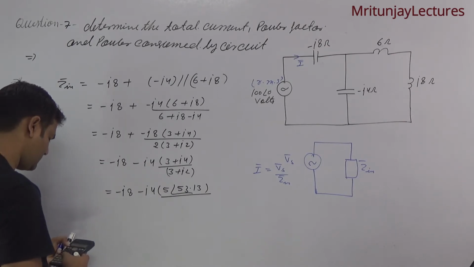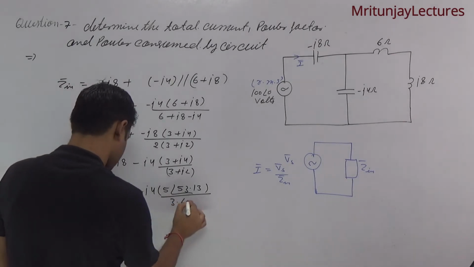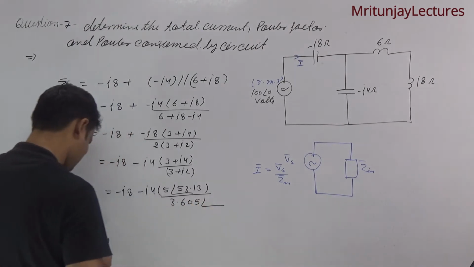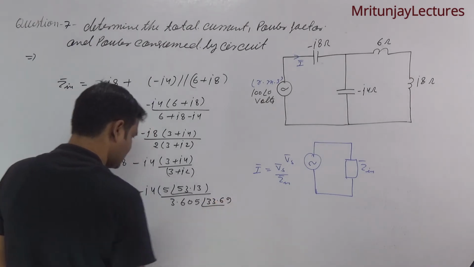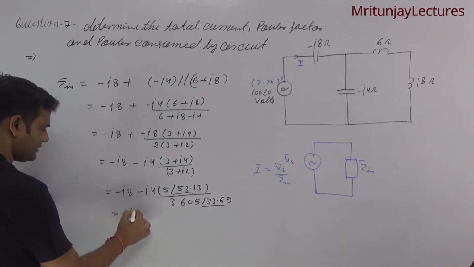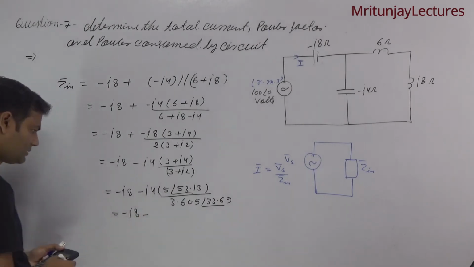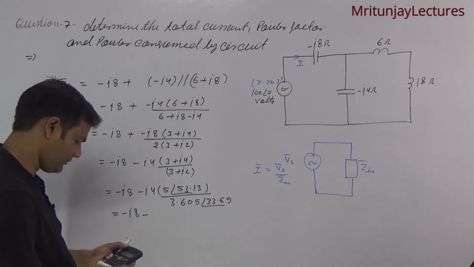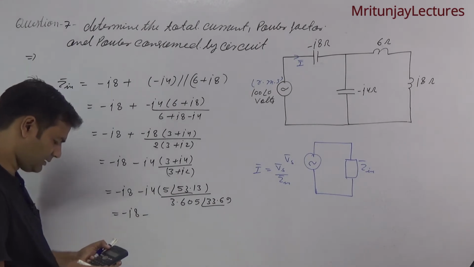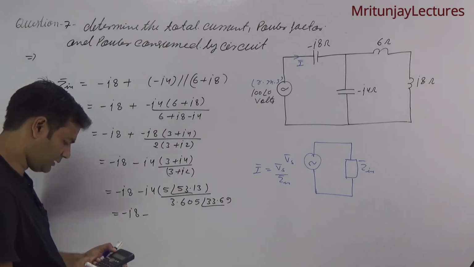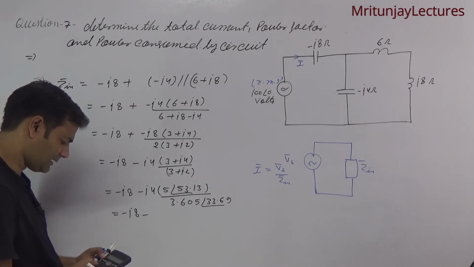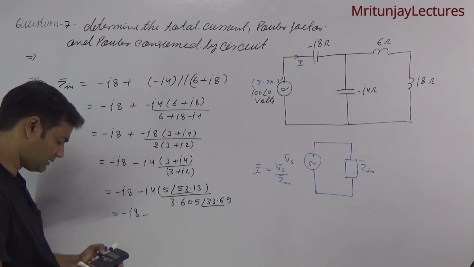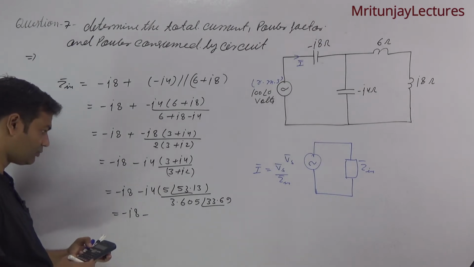If this one is converted, then we got 3.605 at the angle 33.69. Now it is written as 8 minus 5 at the angle 53.13 divided by 3.605 at the angle 33.69.